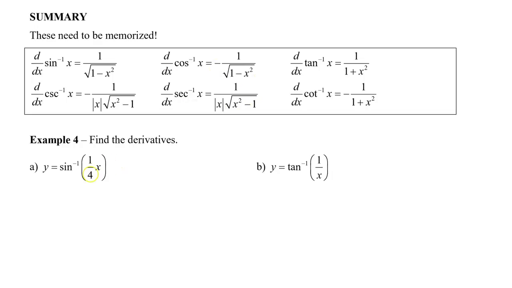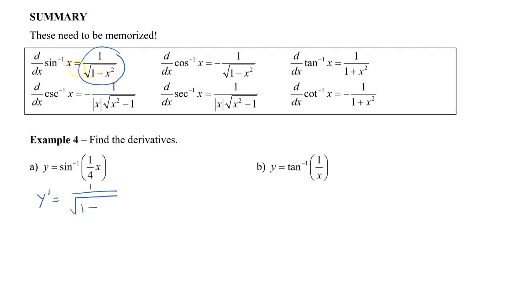All right, so if I'm asking you to find the derivative of the inverse sine of a quarter x, we would say that y prime, according to this, we would be using this formula here. So we have 1 over the square root of 1 minus our ratio squared.